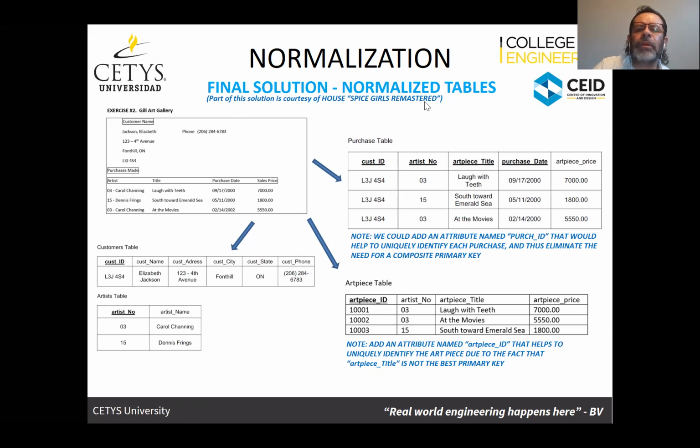Again, it's debatable if we want to be very specific and separate the customer name into first name and last name, and if we want to separate the address into many parts, we could do that. Sometimes addresses are separated into different fields: the number, the street name, the city, etc.